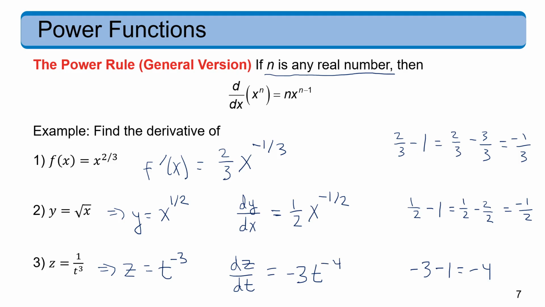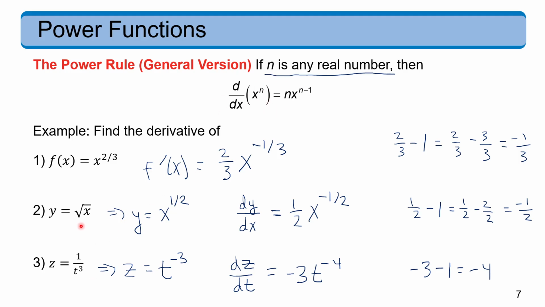So these 3 examples illustrate some situations that you should be prepared for. One is if you have a fraction as your power, you can still use the power rule, but especially in 2 and 3, you have to take what's given and rewrite it as x to a power before you take the derivative, because the form they're given in is not the correct form for using the power rule.